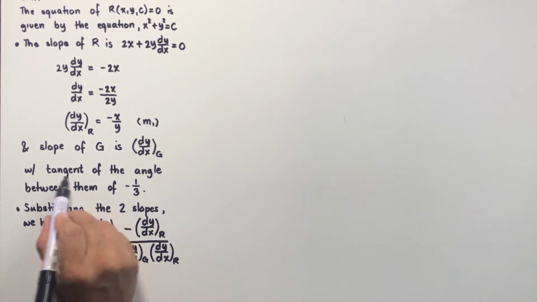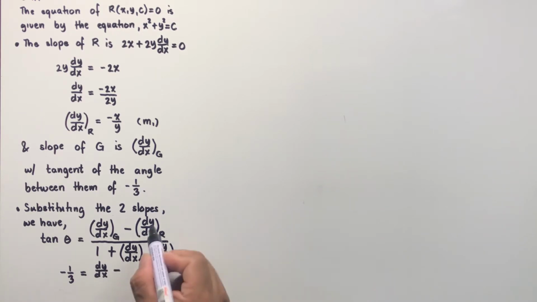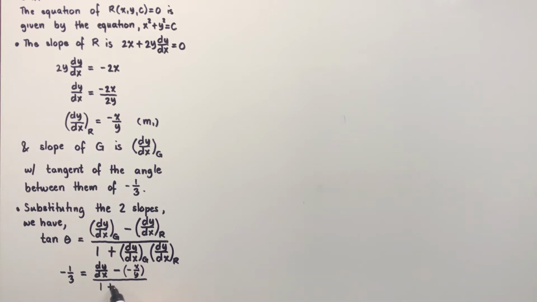And it is given that the tangent of the angle between them is negative 1/3. So this is negative 1/3, which is equal to the derivative of y with respect to x minus the derivative of y with respect to x, which is the slope of the given family of curves. So this is minus the negative x over y, and this is divided by 1 plus the derivative of y with respect to x times negative x over y.